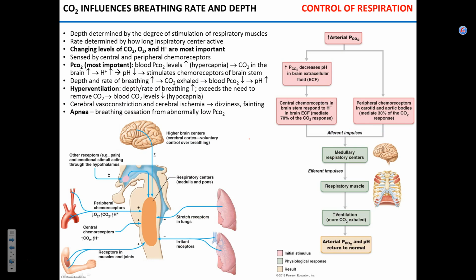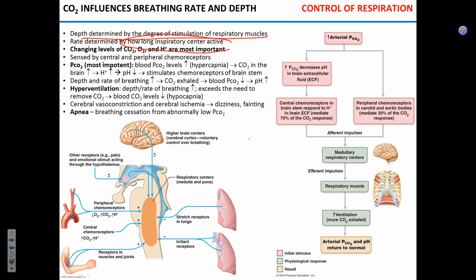Before we get there, let's take a look at the regulation of breathing rate by carbon dioxide. So, how deep you inhale is determined by how strongly your muscles are stimulated. How fast you breathe is determined by the length of activity of the respiratory center.